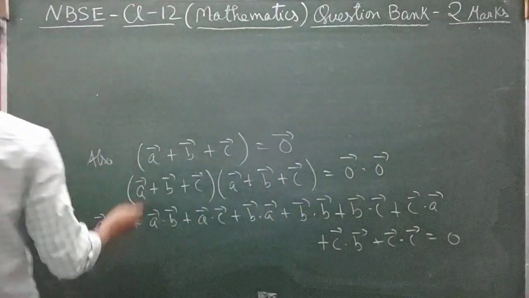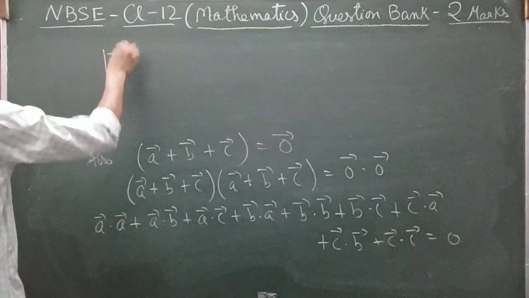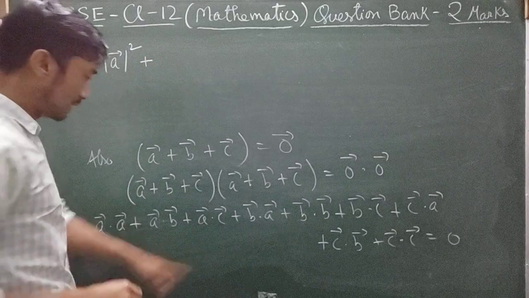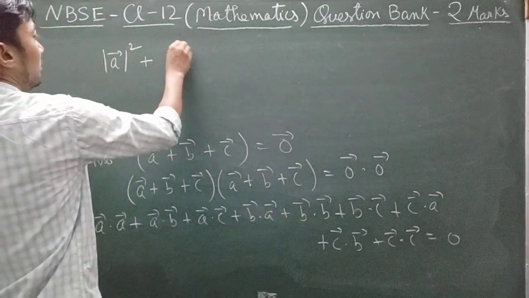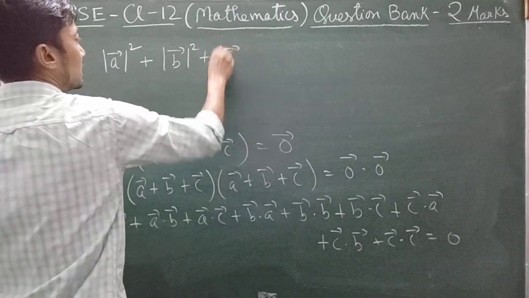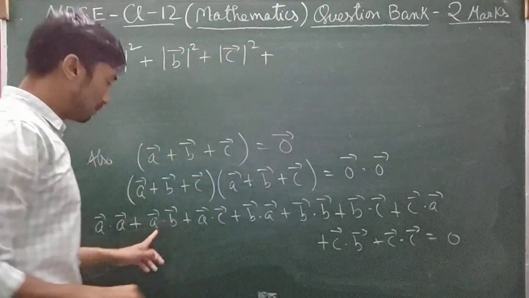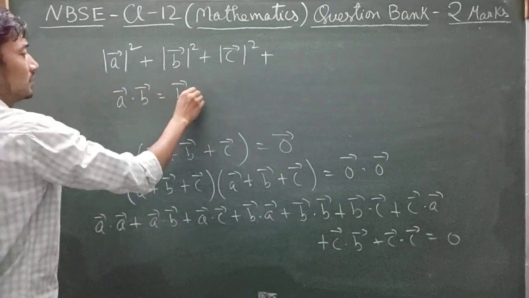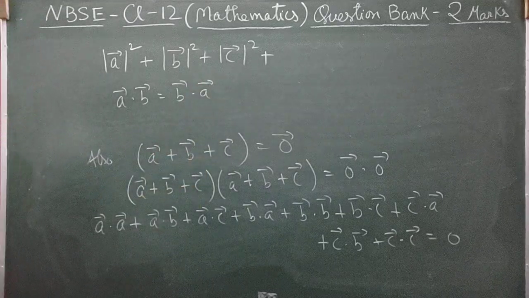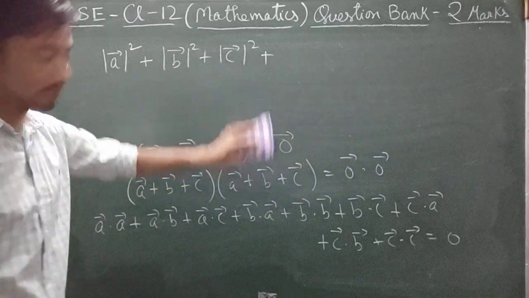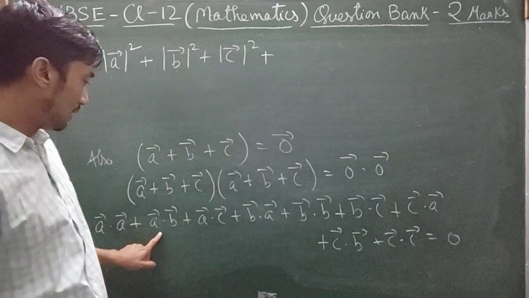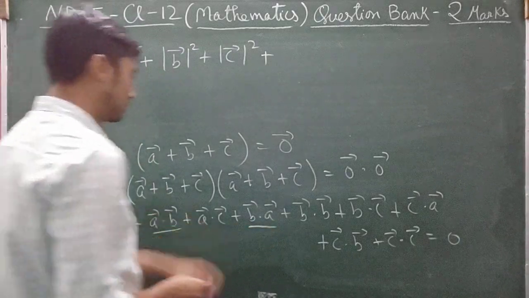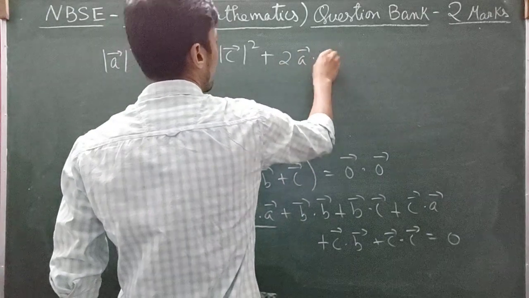Now a dot a can be written as magnitude of vector a square, from vector algebra. Similarly for b and c. Now from dot product we know that a dot b is the same as b dot a, commutative. So those are equal quantities, so that's going to be twice a dot b.